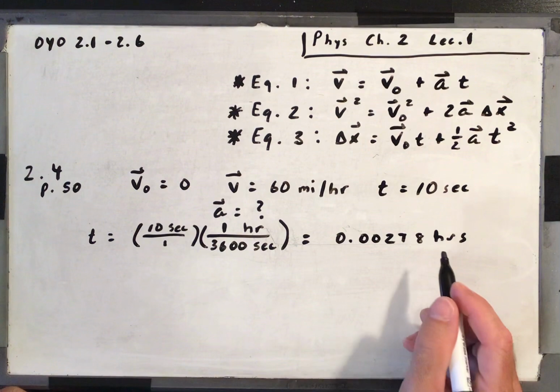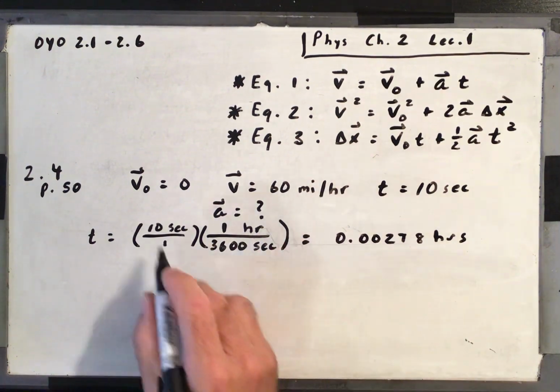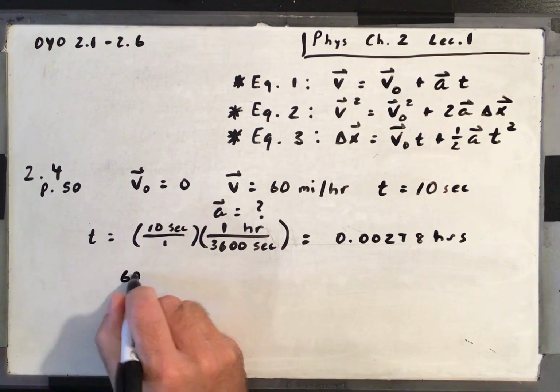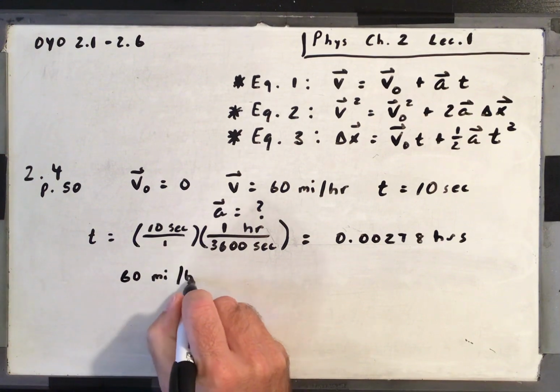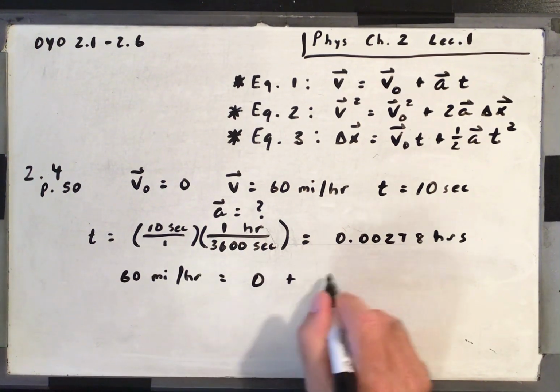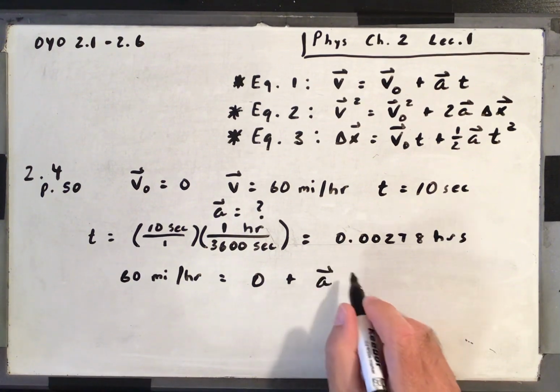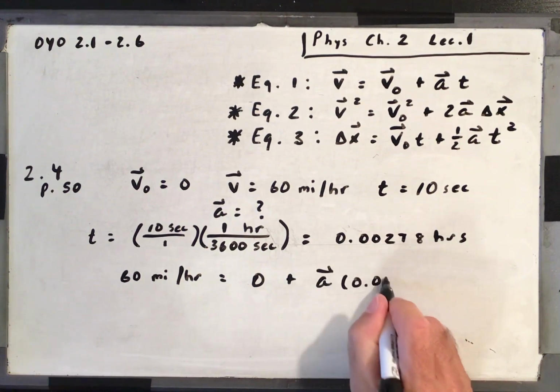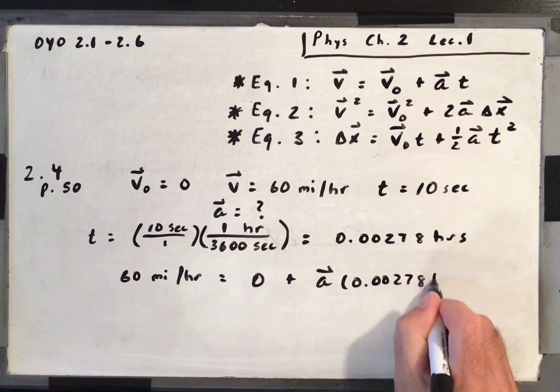All right, so let's plug it in and solve for acceleration. So we have final velocity, 60 miles per hour, is equal to initial velocity, 0, plus acceleration, don't know that, times time, 0.00278 hours.